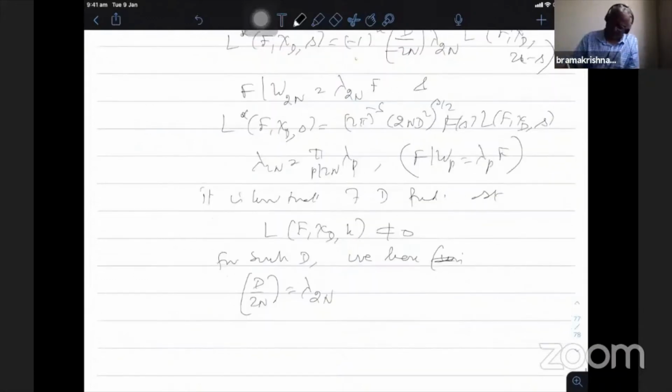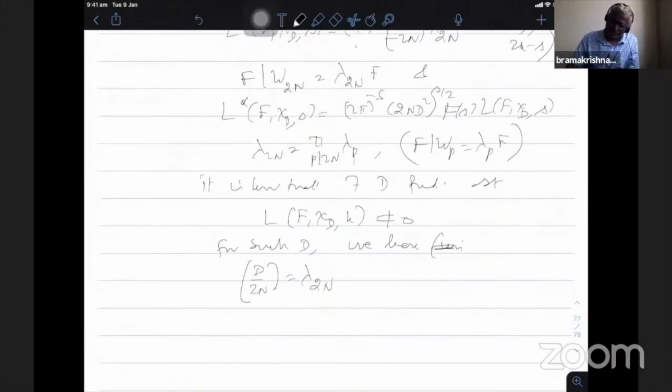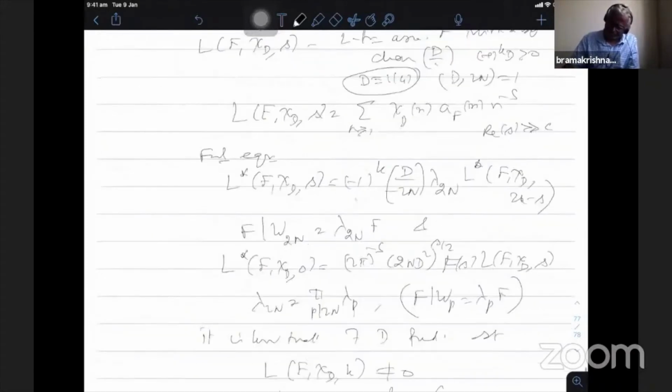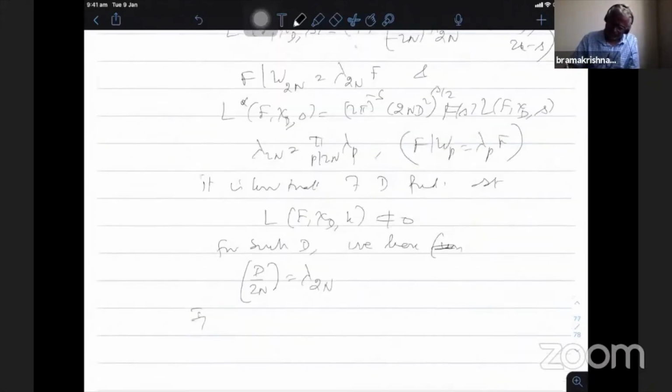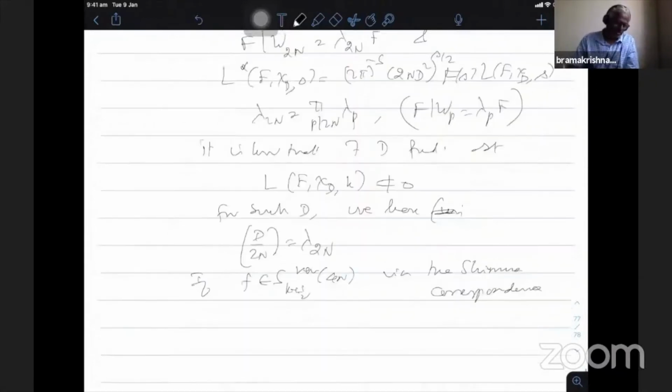Okay, so if f is a new form corresponding to the half-integral weight form capital F, so if F belongs to S_(k+1/2)(Γ0(4n)) via the Shimura correspondence, I'm going in the reverse direction.